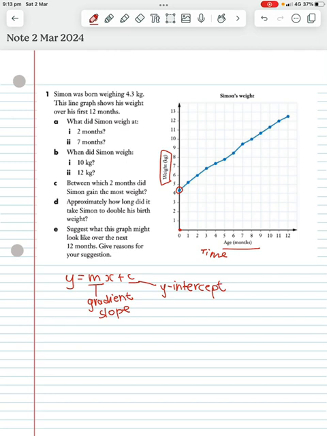A baby isn't born weighing nothing, and this question tells us he was born weighing 4.3 kilos. So we would say this point here is (0, 4.3), because our x value is 0 and our y value is 4.3.